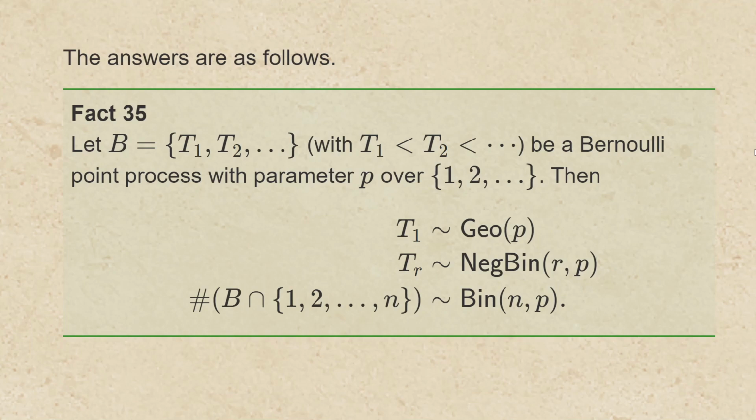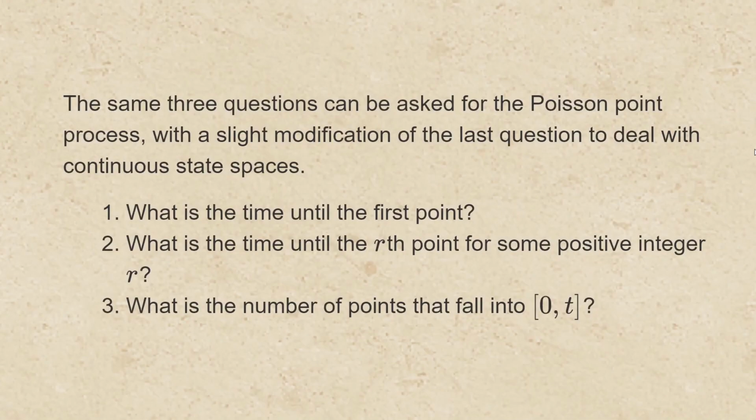And the number of points in the set B intersected with the set of integers 1, 2, 3 up to n has a binomial distribution with parameters n and p. The same 3 questions can be asked for the Poisson point process, with a slight modification of the last question to deal with continuous state spaces.